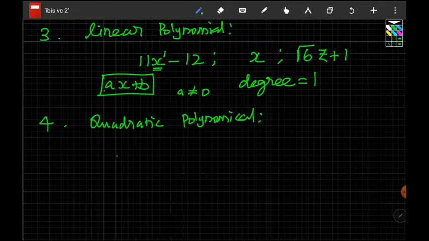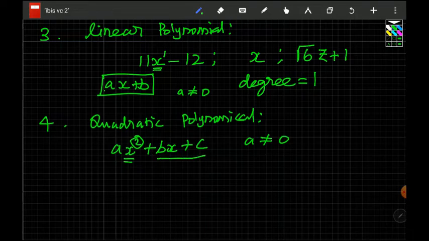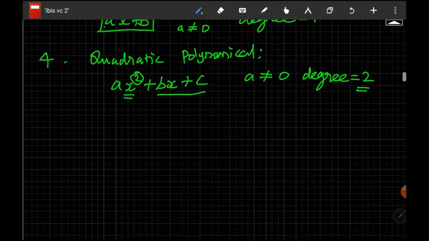The quadratic polynomial is ax square plus bx plus c. This is a quadratic polynomial because the highest degree is 2. But here a cannot be 0. If a is 0, it will just be bx plus c, which becomes a linear polynomial. A polynomial with degree 2 is called a quadratic polynomial.